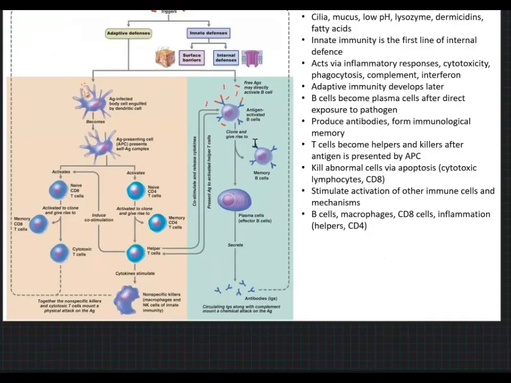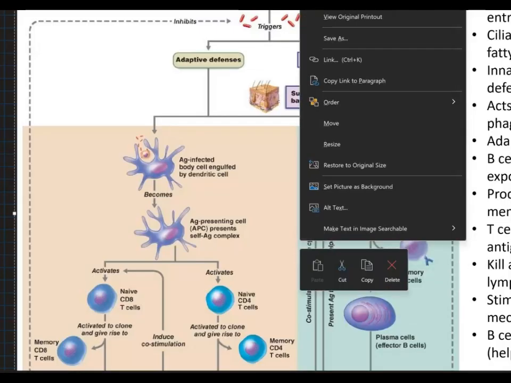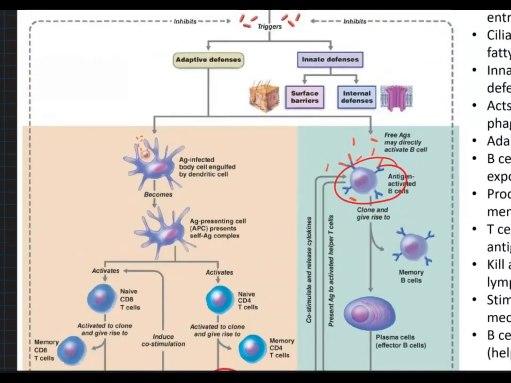Summary. I'm not going to reiterate everything that I said. I just want to highlight some stuff. Look, when we talk about those different branches, like innate versus adaptive and so on and so forth, you have to keep in mind that they're connected. So for instance, helper T cells help B cells, so cellular immunity helps humoral.